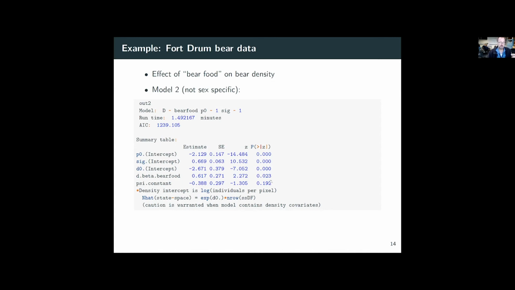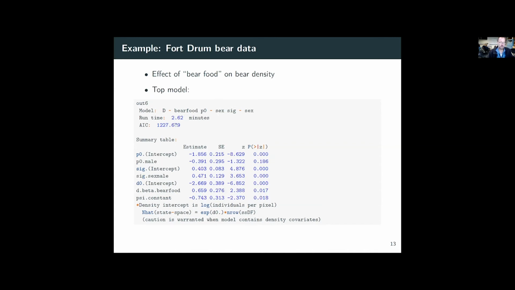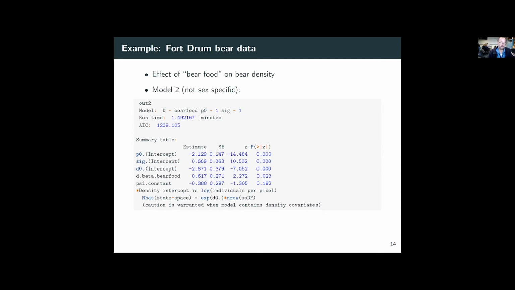And the reason that's done by default, even though there's no sex structure in the parameters, is then we can compare these AIC values between models with and without sex structure. So this AIC value is comparable to this AIC value, even though this model doesn't have any sex structure.